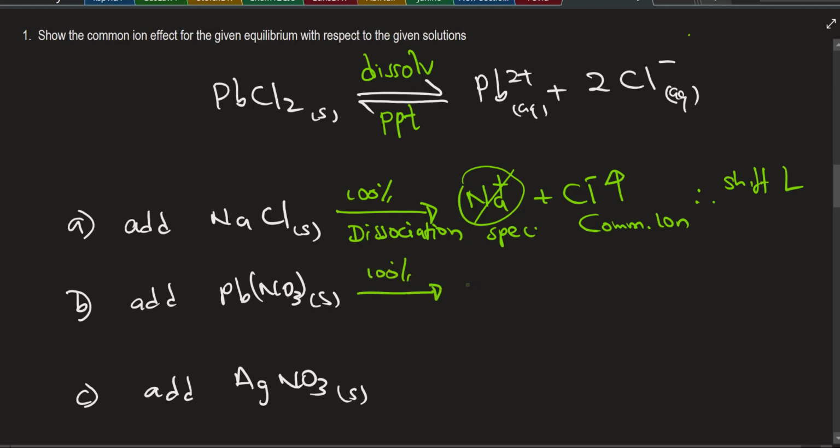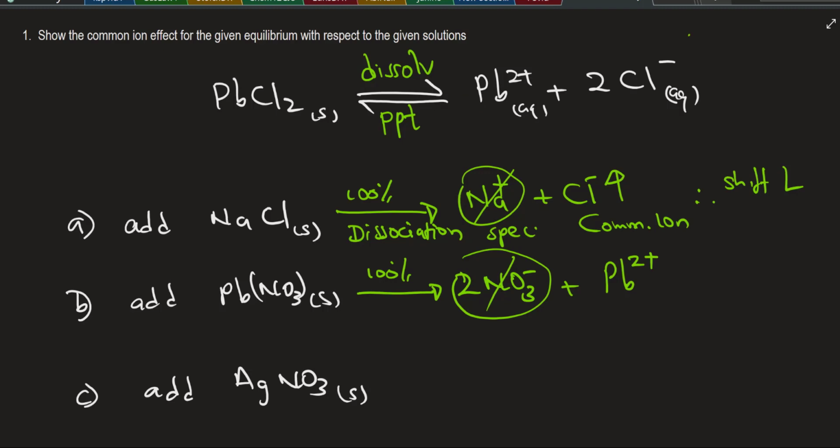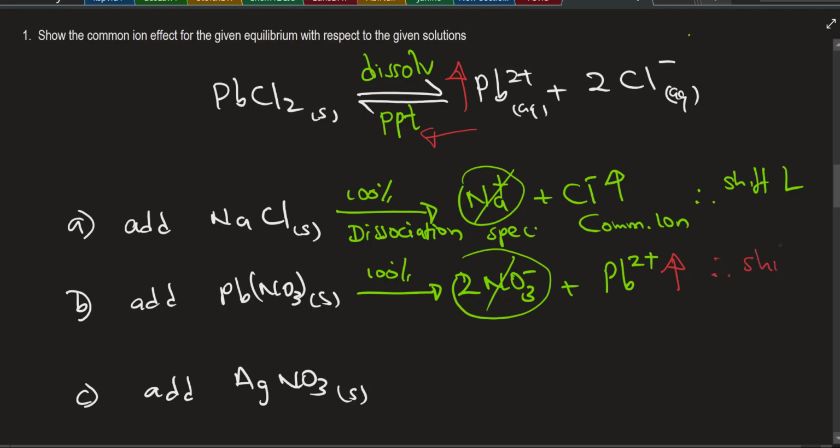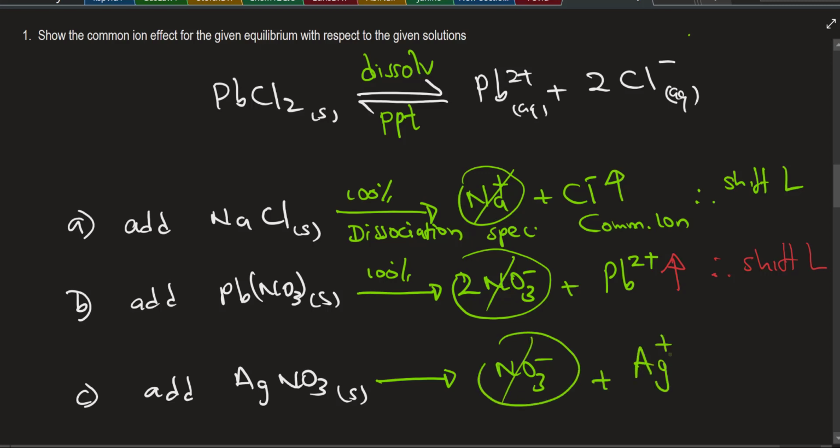Remember that way. That's how you memorize it, right? Let's keep it simple. Lead nitrate dissociates 100%, and the nitrates are cancelled because they are spectators. Nitrates and ammoniums are also spectators most of the time. Now, the lead ion is part of the equilibrium. So you increase the lead, and it will shift to the left. Like I said, any ion increment will shift the equilibrium left. Now silver nitrate: nitrate is a spectator.